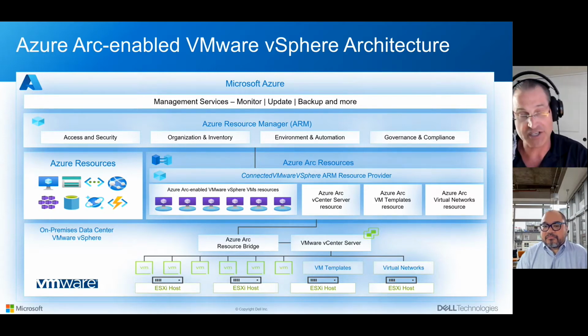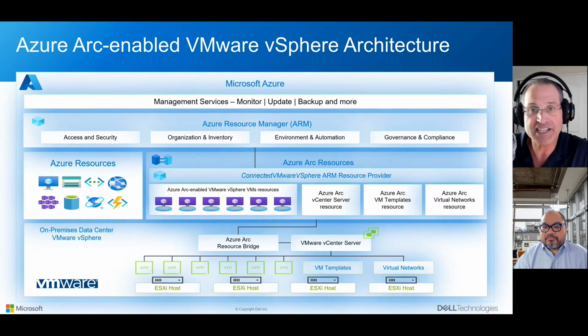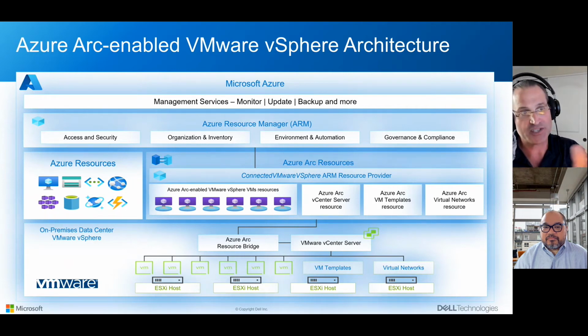You save it, or you just copy it and paste it to your local jump host, and you run it. It takes about 20, 30 minutes to download, deploy, and hook up that resource bridge. Now that resource bridge is the glue between VMware vCenter and everything up in ARM, Azure Resource Manager. That is the hook between the two.